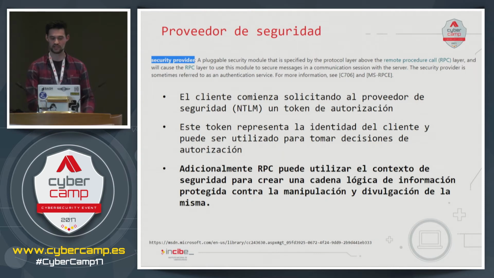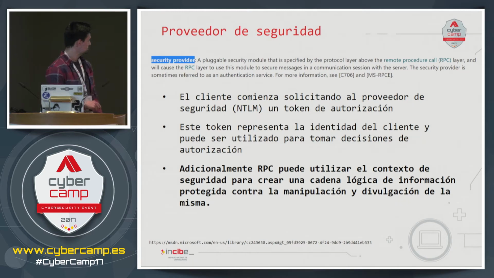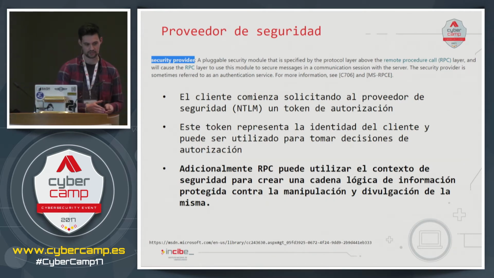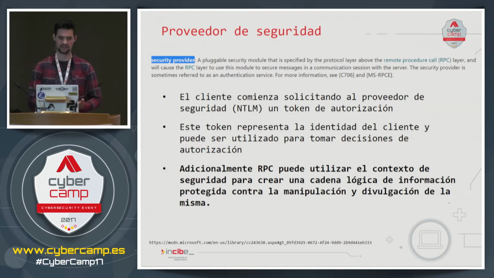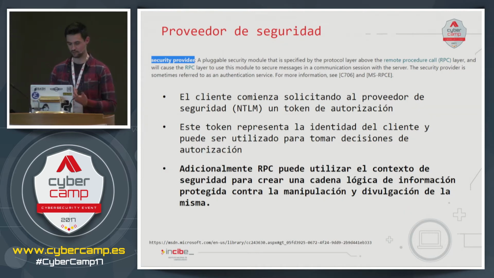So this client can access this resource or can't access the other resource, etc. And this is important because in addition to that, RPC can use the security context to create an information logic chain that's protected against manipulation and dissemination. So it can also be used to provide security to those packets that are exchanged, to provide checksums, encryption, etc.